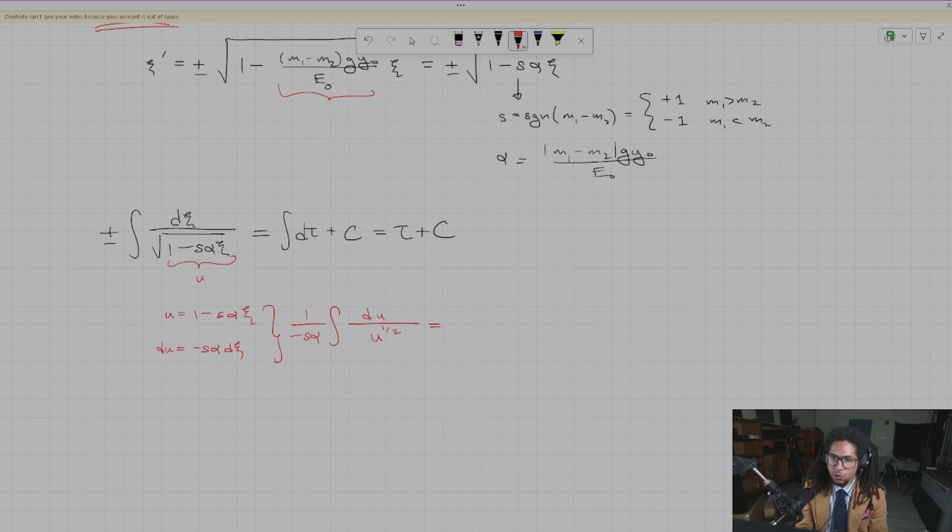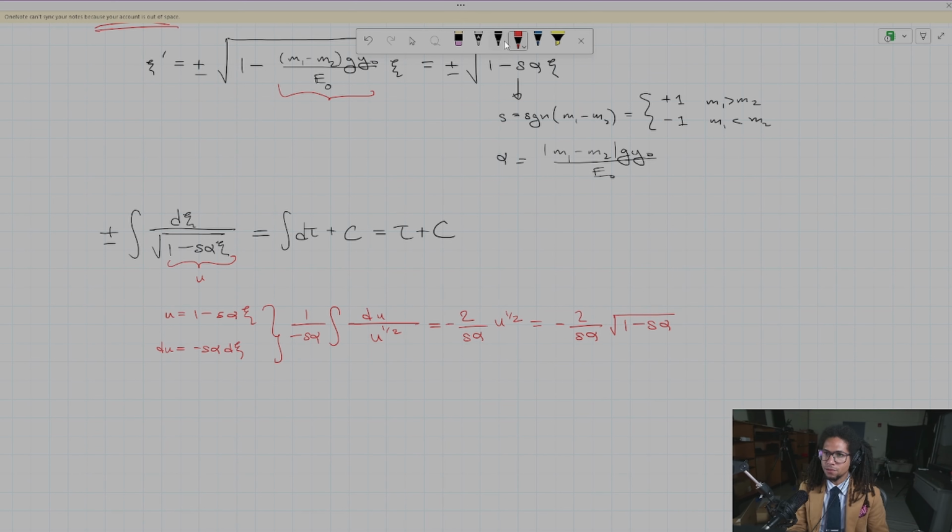But then I need a 2 on the outside. So this is going to give me minus 2 over s alpha times u to the 1/2 upstairs. Good. Which is, of course, equal to minus 2 over s alpha times the square root of 1 minus s alpha c. Good.